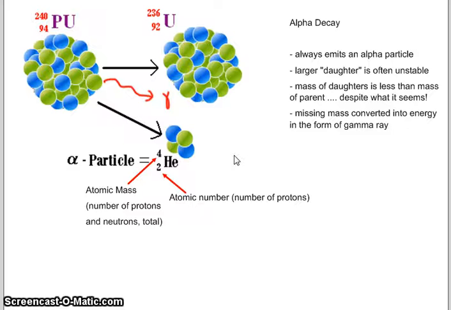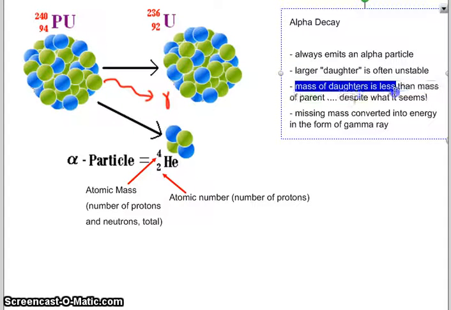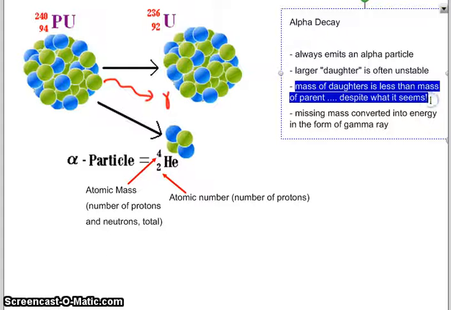Despite the fact that when you simply count protons and neutrons there doesn't seem to be anything missing, a really important piece is this: the mass of the daughter particles is indeed less. If you put these two pieces on a really sensitive scale, they wouldn't weigh as much as the original parent particle when all the parts are bound to one another inside the nucleus.